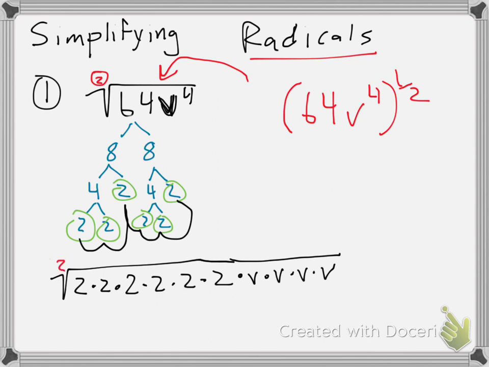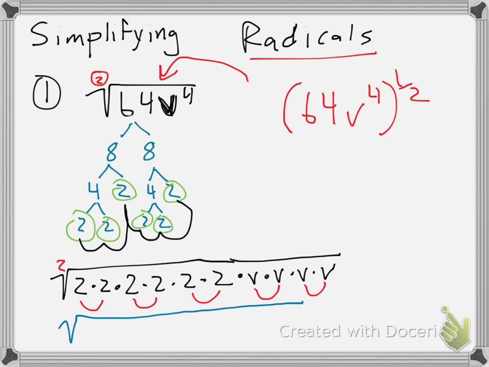Now we're going to go back to what I talked about, there being an invisible 2 here. So we're going to group these up in pairs: 2, 2, 2, 2, and 2. In order to take them out, we're going to have our square root, and we're going to combine them now.